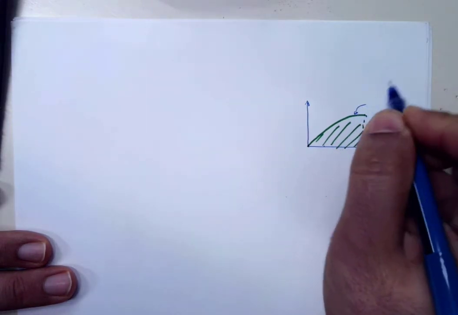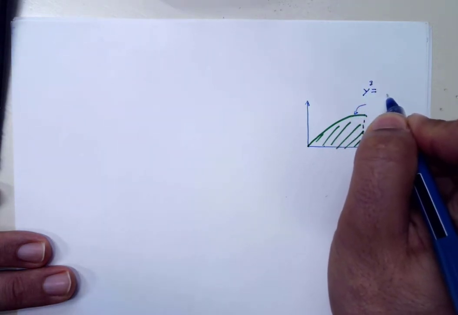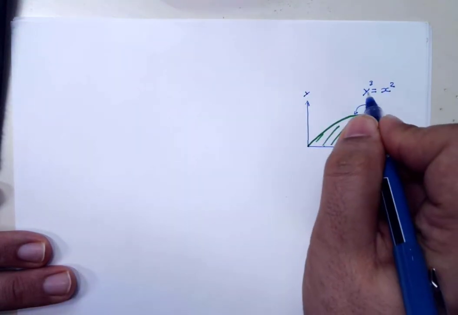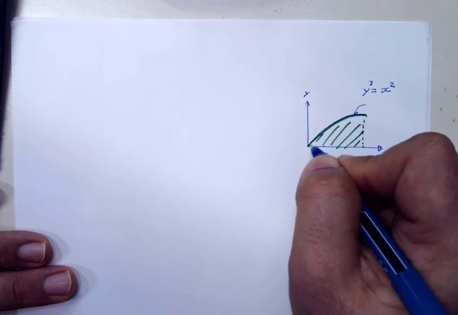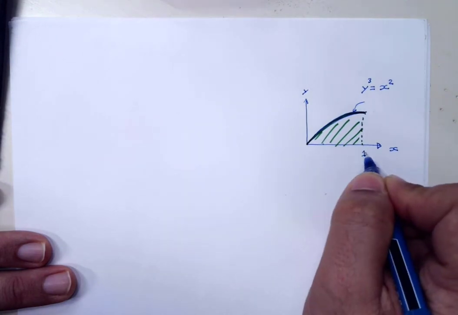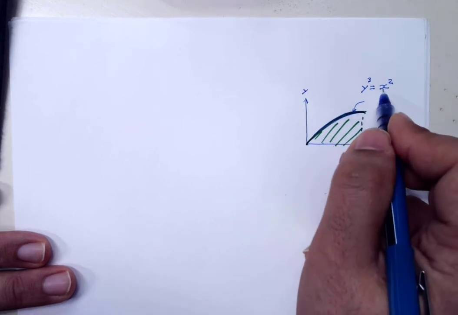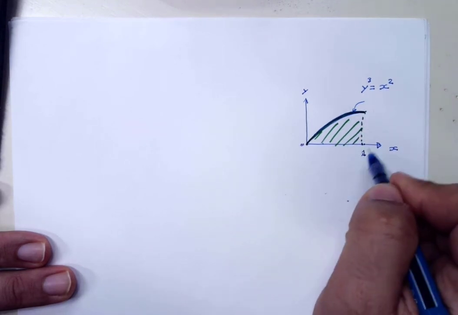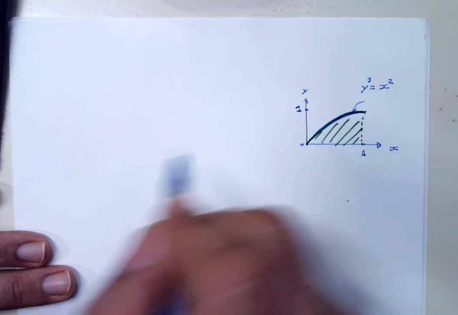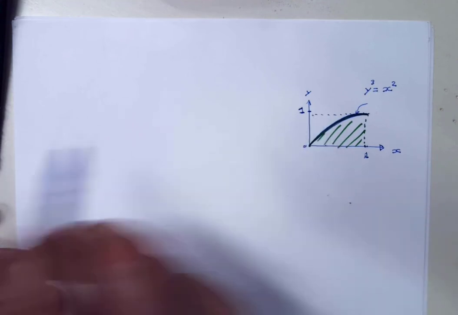The function is given by y to the power 3 equals x squared. This is x and this is our y. This function means this line, this curve. The boundary is from 0 to x. Now from 0 to x means you substitute 0 here, and you end up with 0. You substitute y, and y is equal to 1. So the boundary is from 0 to 1, and this corresponds to that.